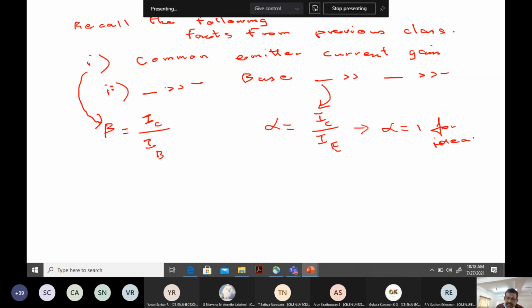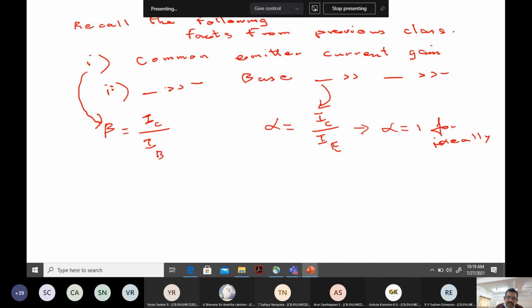Ideally, but it is not possible, because it is a three-terminal device, and the electrons have to cross over to the collector through the base. There is no other way except some of the electrons getting lost due to the recombination process happening in the base.